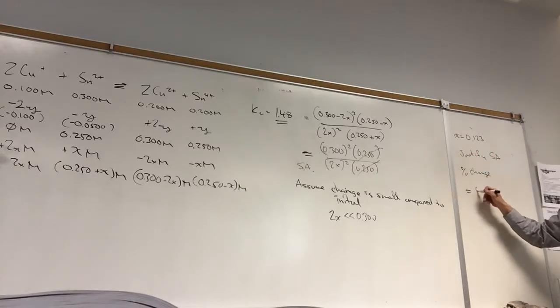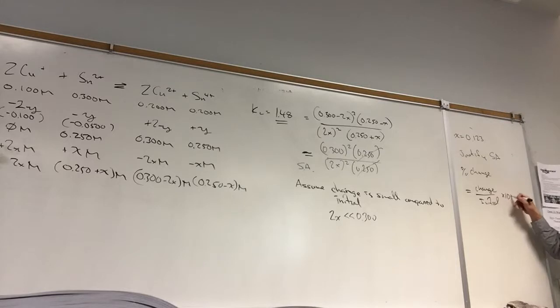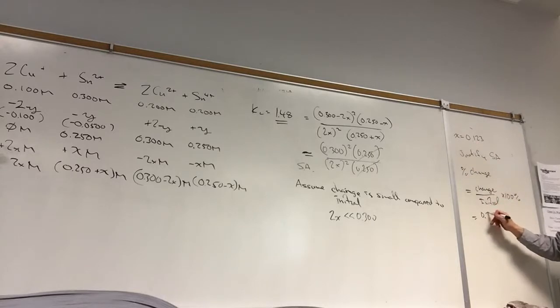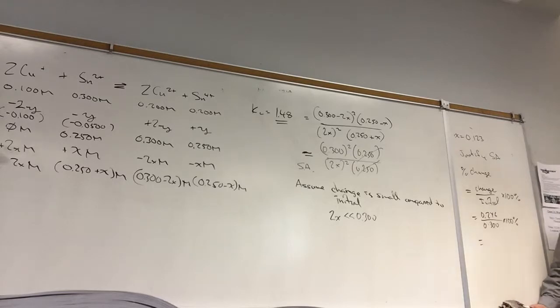The percent change is equal to the change over the initial times 100%. And so the change is going to be 2x. So 2x is going to be 0.246 over the initial. The initial is 0.300 times 100%, which gives us what for a percent change?